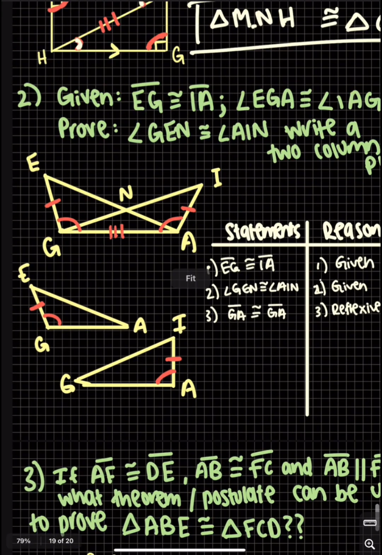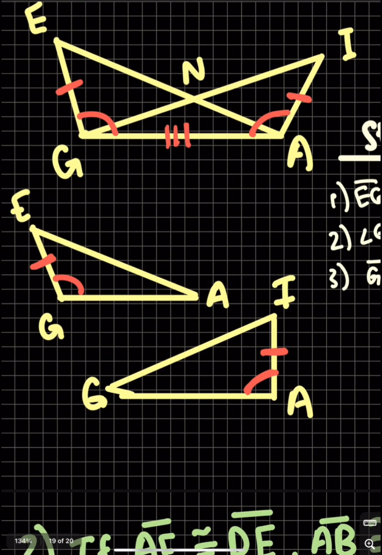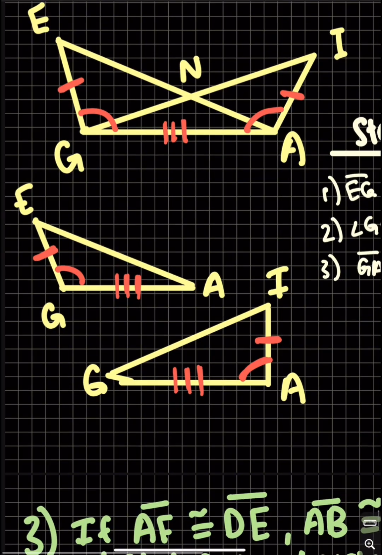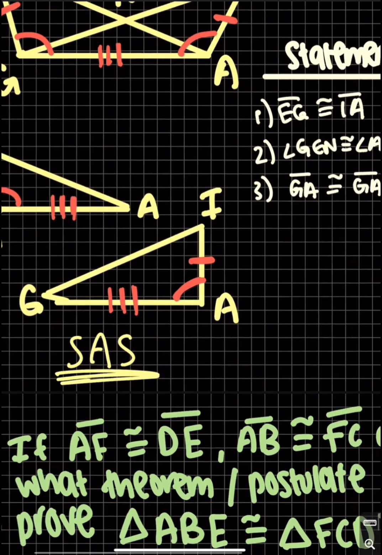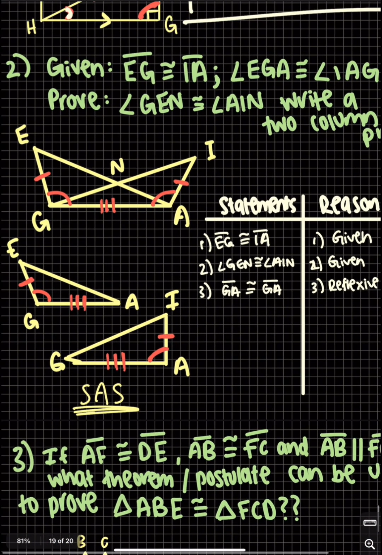Okay, so I've done that in my diagram. Basically, in our two triangles, I've proven that a side matches up, the included angle, and then another side, which is what theorem? SAS. Meaning that I've already proved that the triangles are congruent.